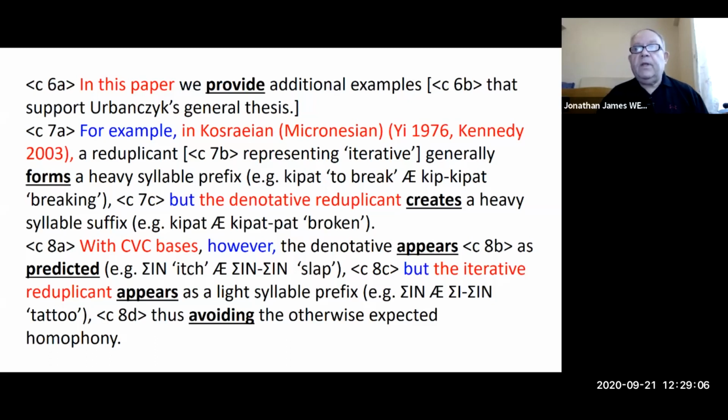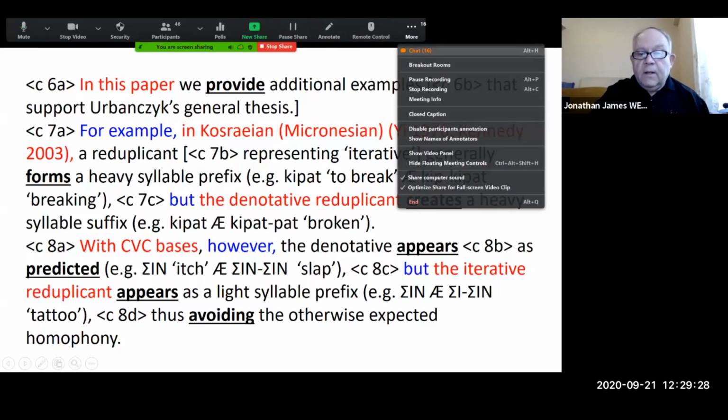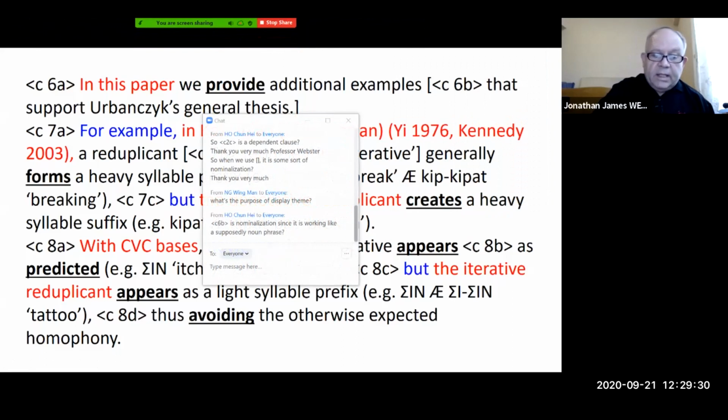7A. All right. There's a question here in 6B is not display theme. Let me just, let's see, where's my chat? It's displaced theme, all right? Not display theme, all right?